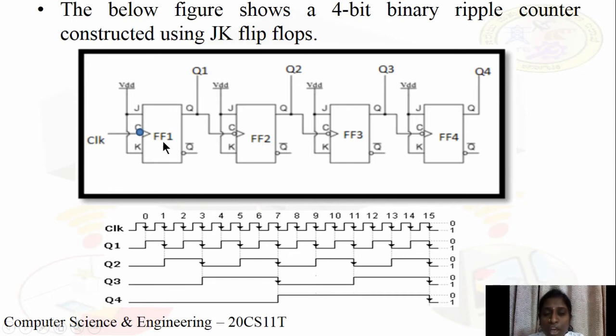The output of the first flip-flop will act as the input clock to the next flip-flops. So this clock will be the clock input for the first flip-flop. Then according to this clock, the Q1 value will change on the negative edge, or the falling edge. Next, this Q1 output will act as an input for the second flip-flop to change its state and to get the value called Q2.